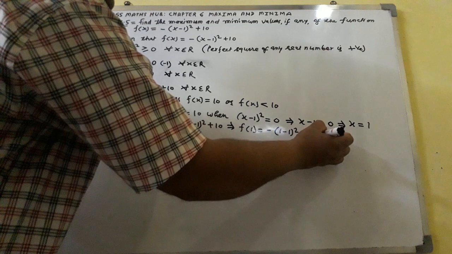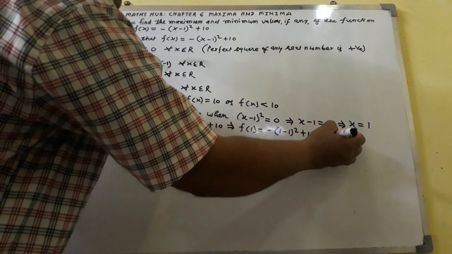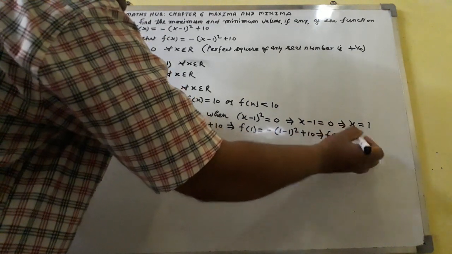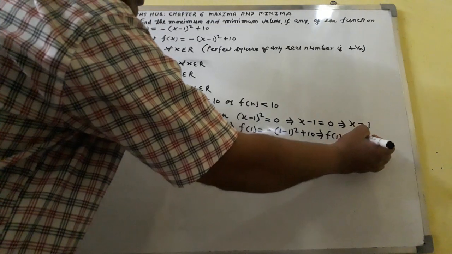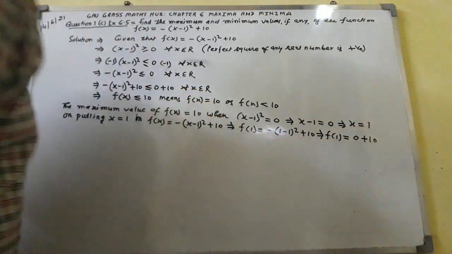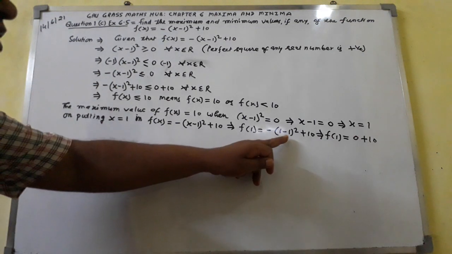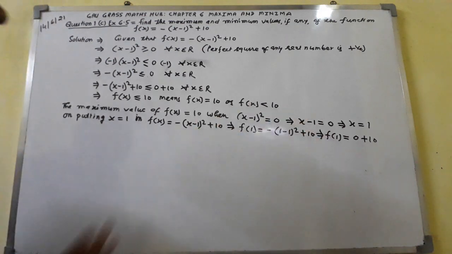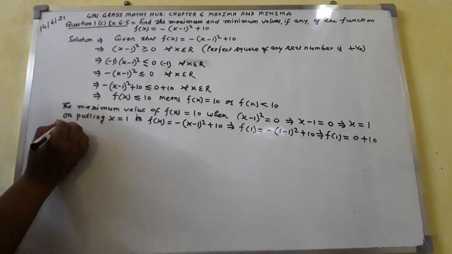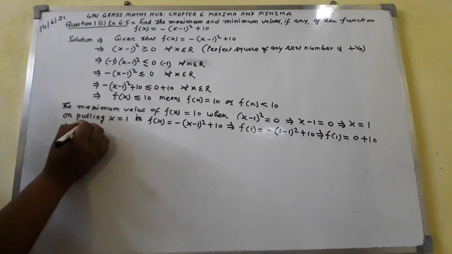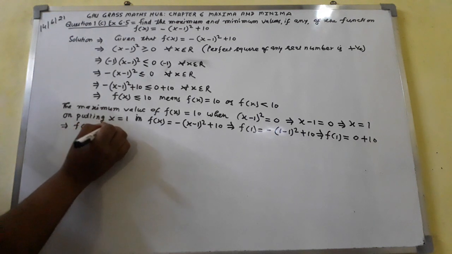You will get f of 1 equal to 0 plus 10. One minus 1 whole square comes out to be 0, 0 plus 10. So here you have got f of x equal to 10.